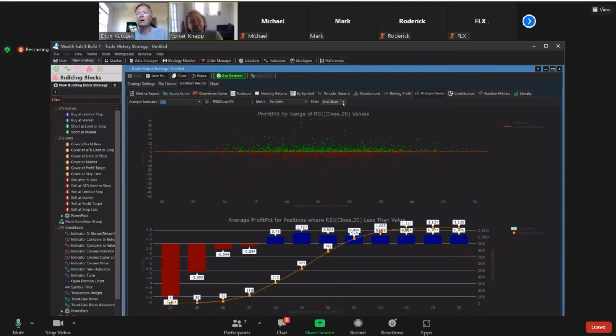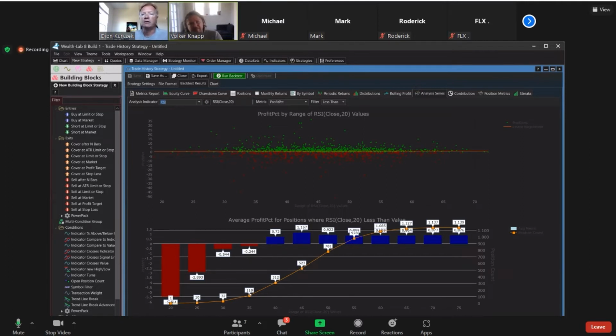We default here with the analysis indicator as RSI 20. And the metric we're looking at is profit percent. So we're seeing how the profit percent of the strategy would have changed if we had filtered it to only take trades that occurred when the RSI 20 was less than a certain value.